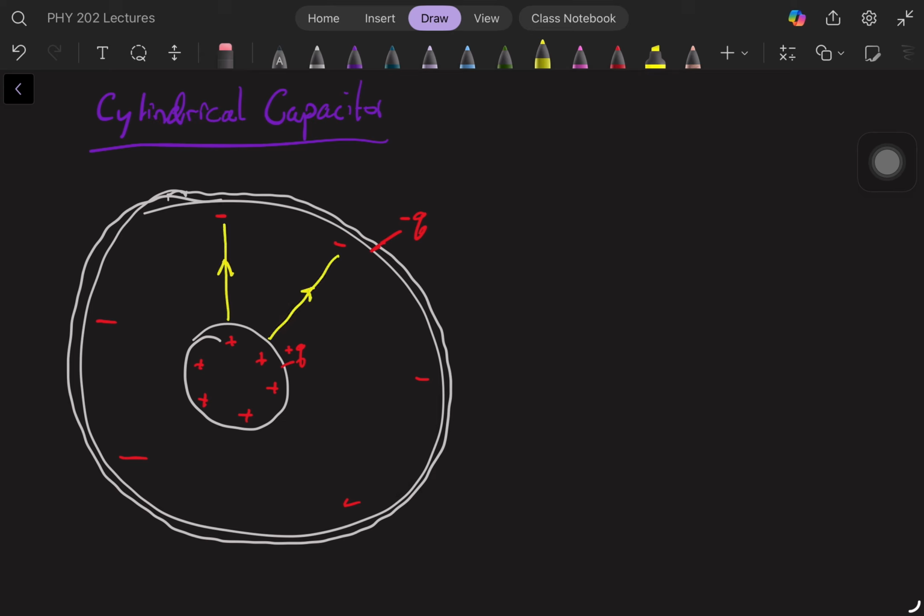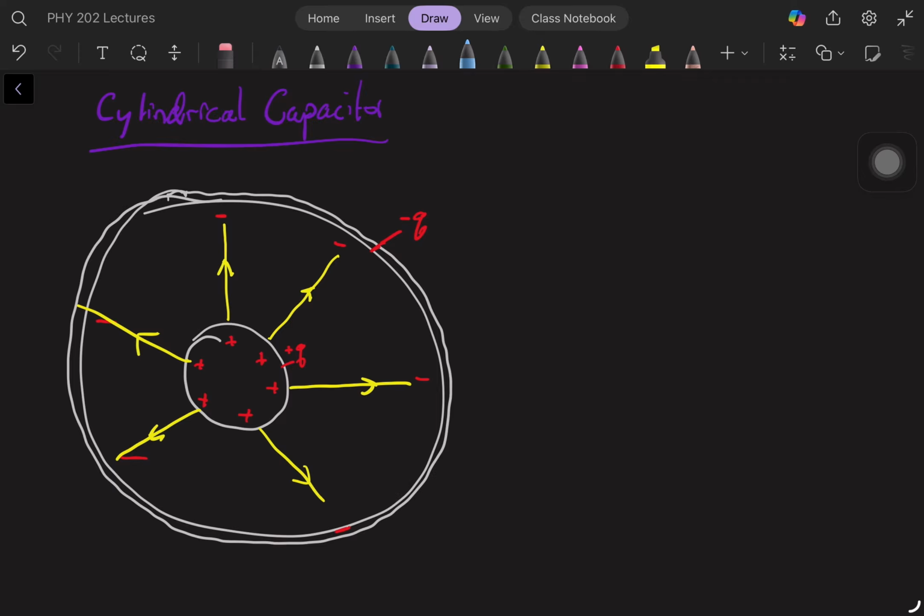And again, these are all conductors, so we have all of the charge on the surface, right? So some of these negative charges should probably be more like on the surface, but it's okay. Okay, so that's a pretty good start.